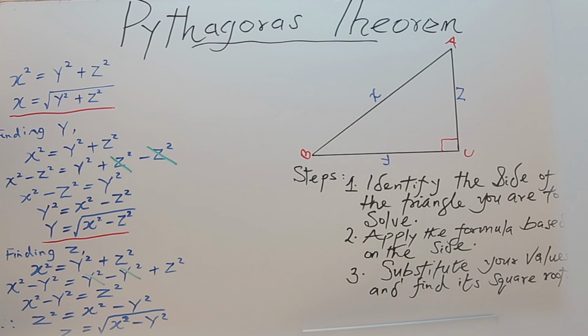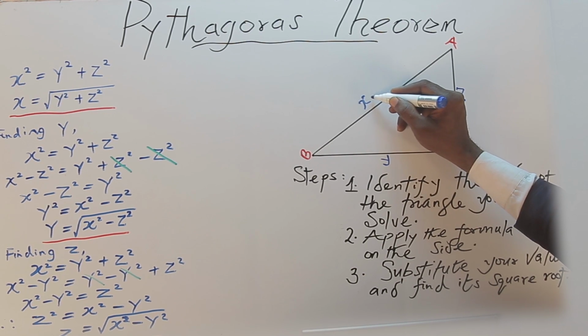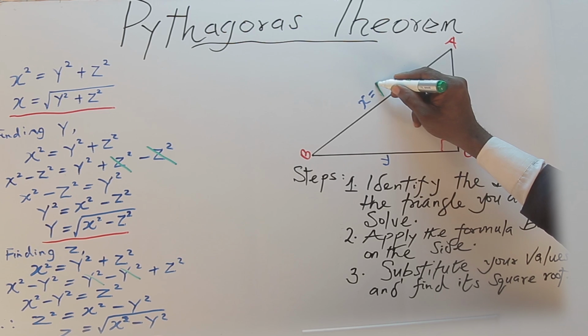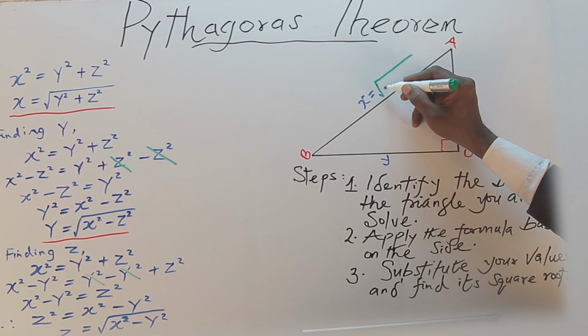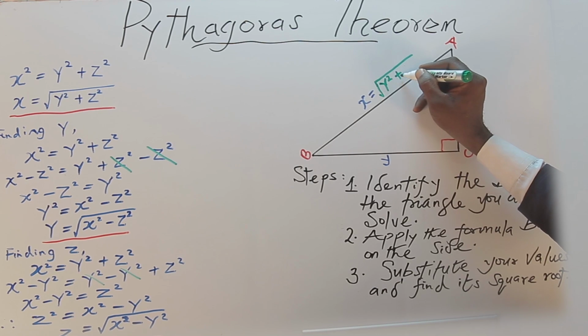So we'll have the formula for solving for Z. We'll deduce that our X equals the square root of Y squared plus Z squared.